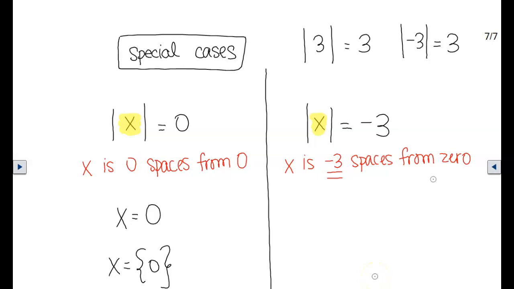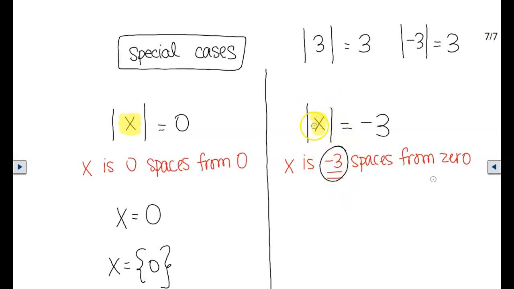Negative 3 is 3 spaces away from 0. Distances shouldn't be negative. They are always reported as positive numbers. For those of you who have a GPS, it doesn't tell you to drive negative 3 miles and then turn left. It says drive 3 miles and then turn left. So this can't happen.